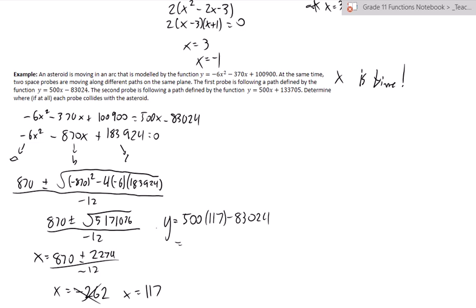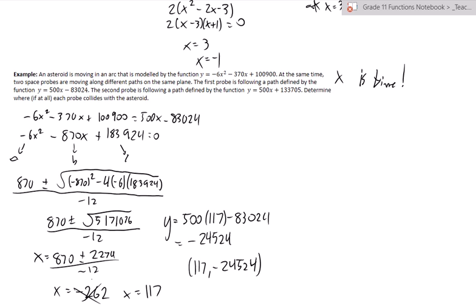That's going to give you negative 24,524. So on the plane, you are going to have a location of 117 and negative 24,524 of where this probe is going to hit or collide with the asteroid.